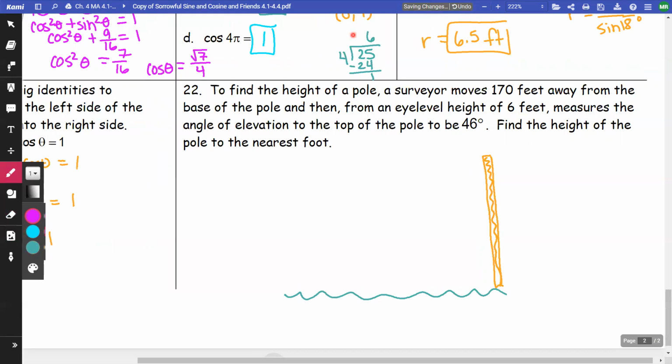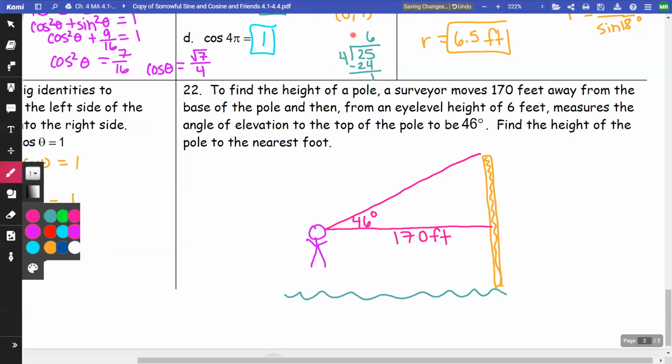And we have our person. And if that person looks straight ahead, that is going to be 170 feet. And then if they're looking up to the top, we don't know what that is. We know that this angle, though, is 46 degrees. We also know that the distance from here to here, okay, which is their eye height, is going to be 6 feet. I'm going to call this Y.